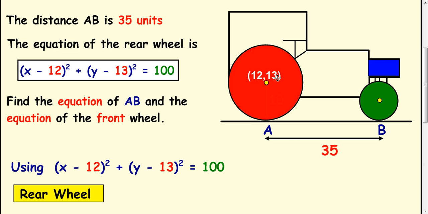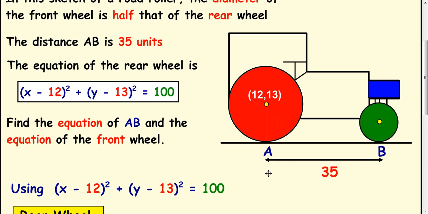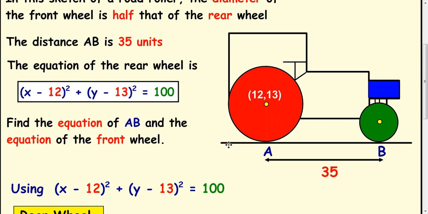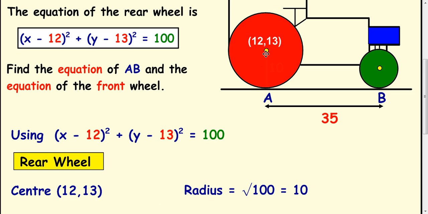We're also told that the diameter of the front wheel was half that of the rear wheel. So the radius of this is 10, that means the radius of this has got to be 5.